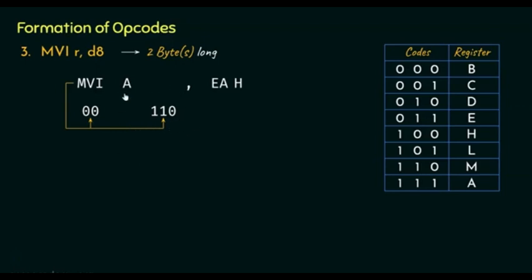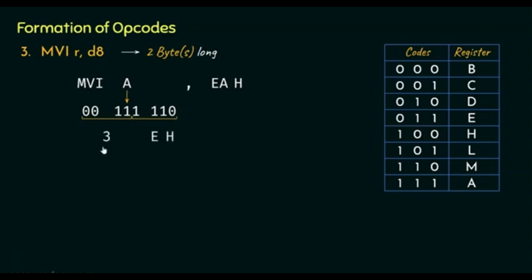Now the destination register, which is specified by this R, for the code of that we will need to refer to the register code chart. Now what is the code for A? It is 111. So let's have that. Notice 8 bits. So if we group them from the least significant bit towards the most significant bit 4 bits at a time, we will get these 2 nibbles. 1110, as we have already figured out, it is E, and 0011 is 3.